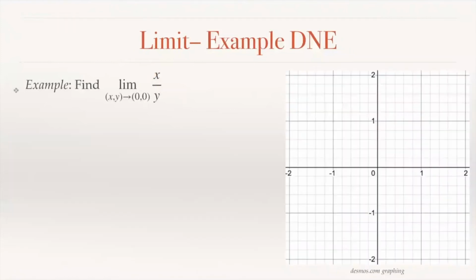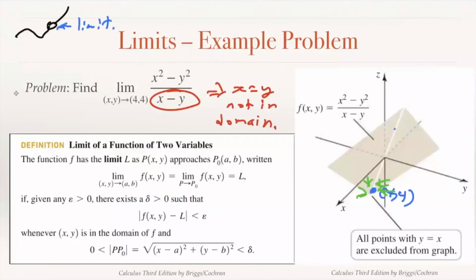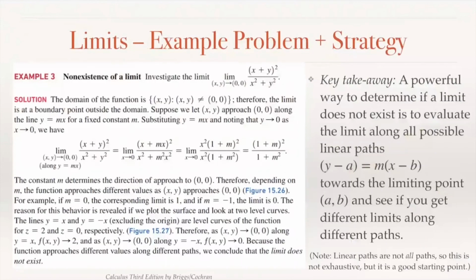And a nice way of choosing all linear paths at the same time is to let y equals mx for some fixed constant m, and we evaluate the limit by substituting y equals mx. So for this, we just replace y with mx and see what we get.